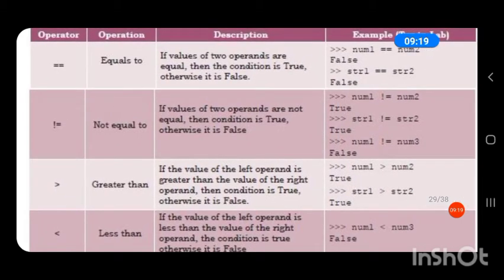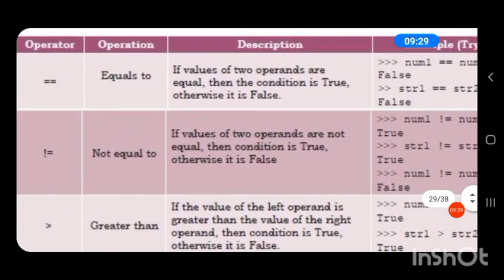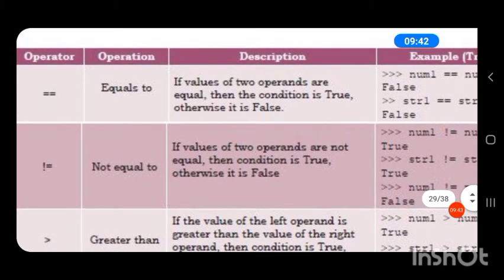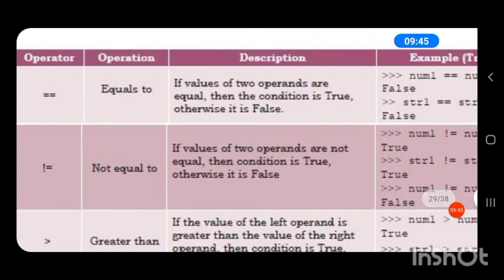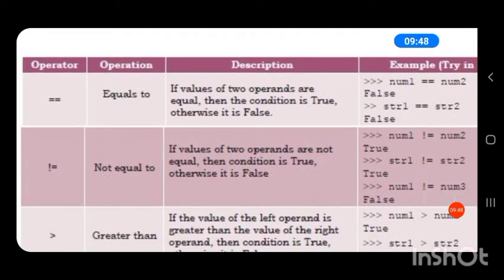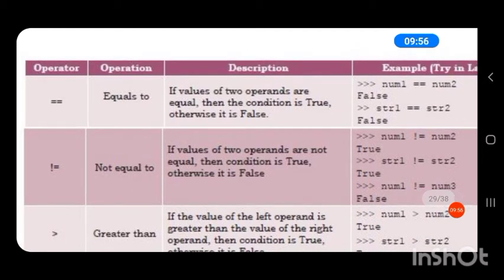In Python or any programming language, for comparison, if A is equal to B, we use two equal to signs to represent equal to. In maths, we write A equal to B, likewise in programming we write A == B. This two equal to symbol is the equals operation.